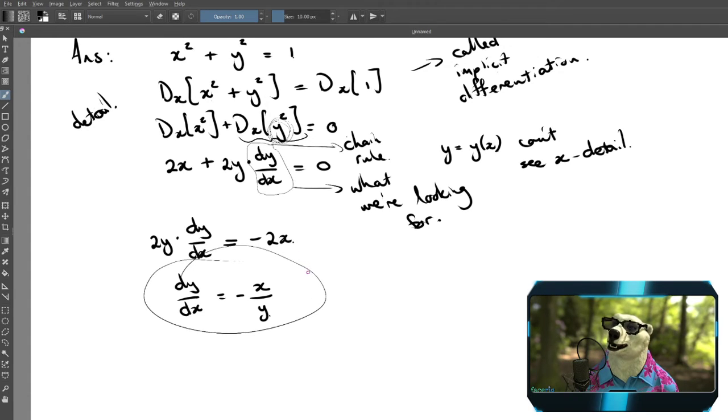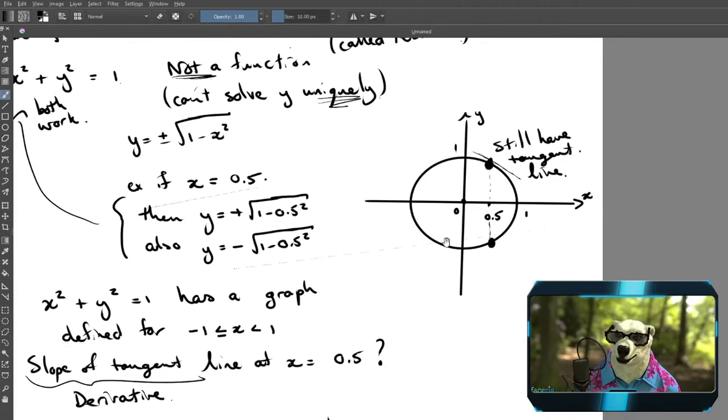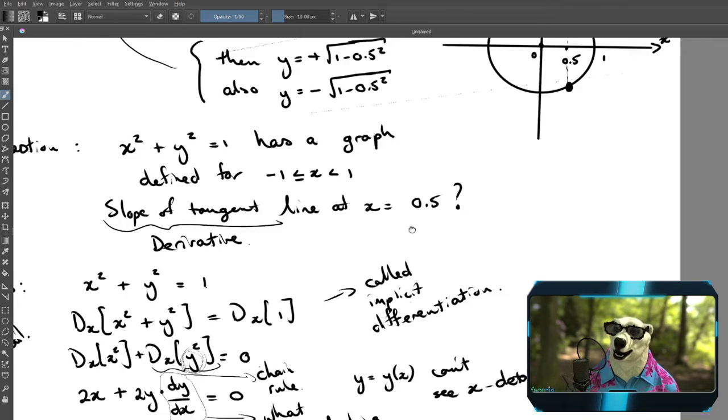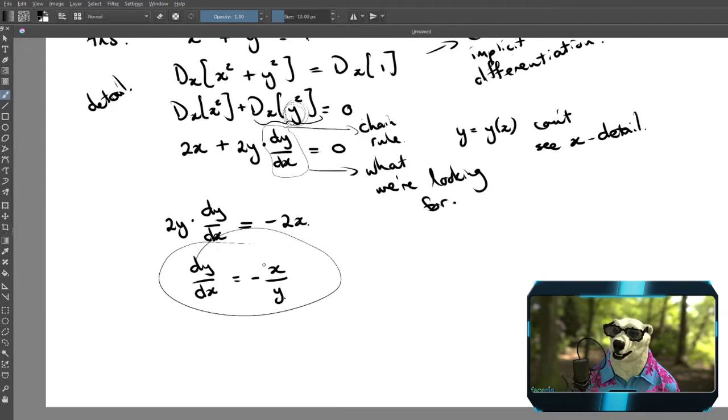So this tells me that whatever the point on the graph is, I need to find the x value and the corresponding y value to determine the derivative.